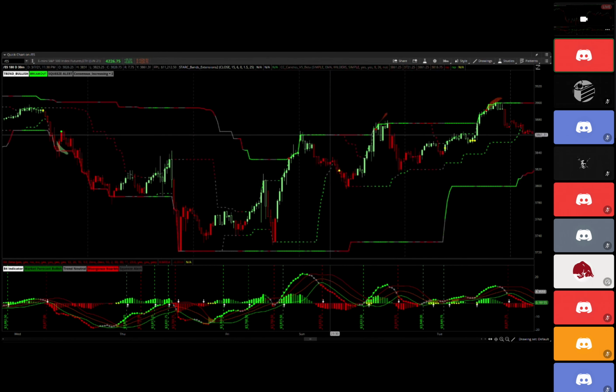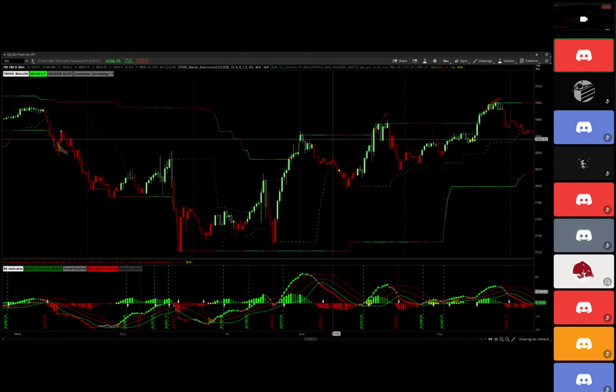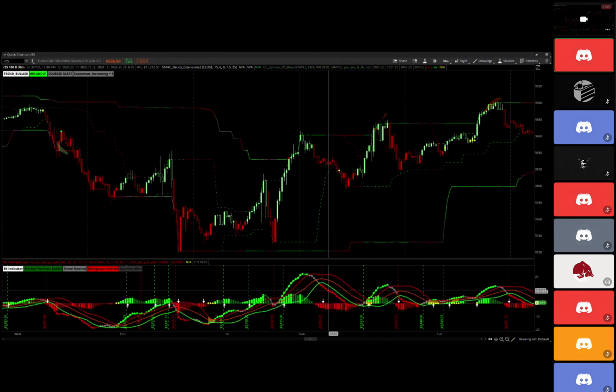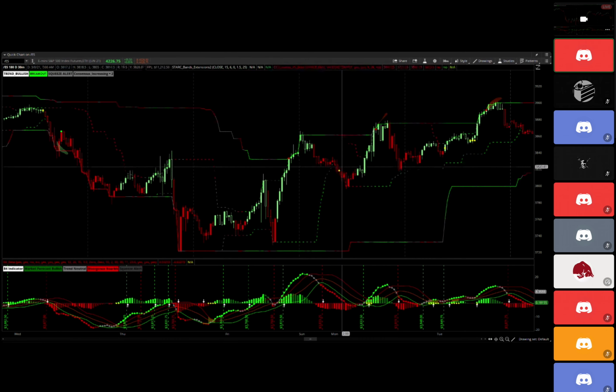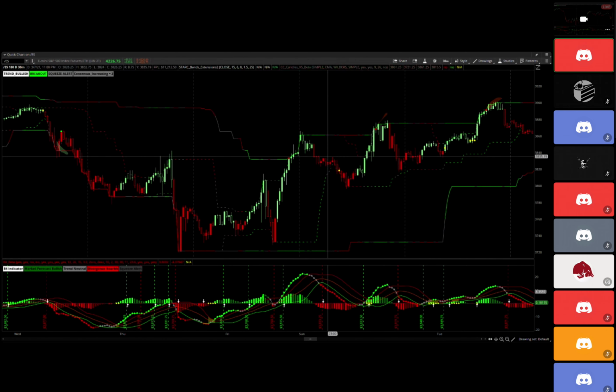But the giveaway here is that the channel changed. The bands weren't in agreement. So you had gray, you had the MACD red and below the lower band, and it's telling you that this thing's going to fade. And it really just doesn't have a lot of momentum behind it.